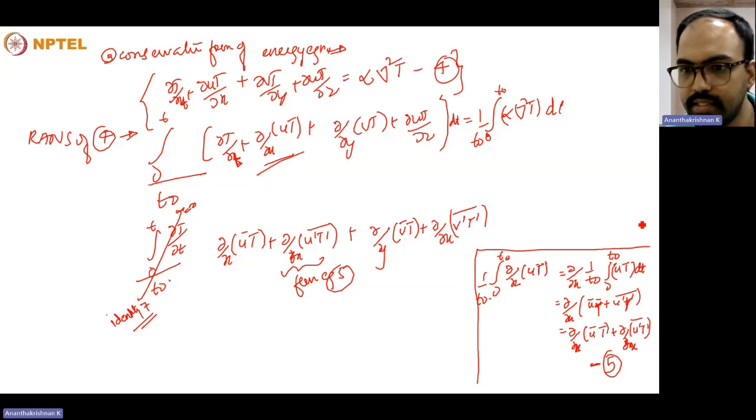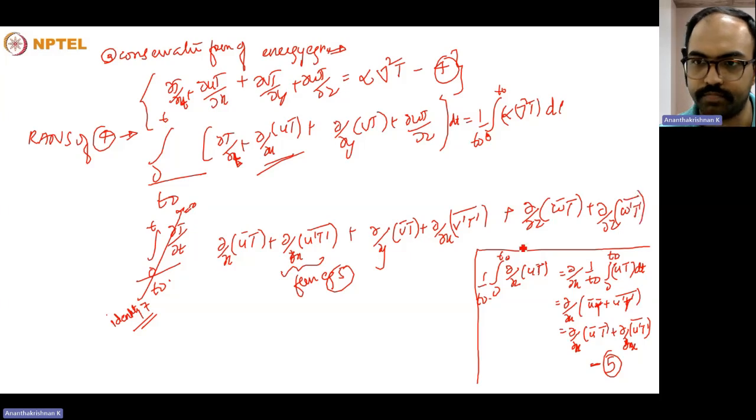Similarly, for the last term, we can write it as ∂/∂z of omega bar T bar plus ∂/∂z of omega dash T dash bar.